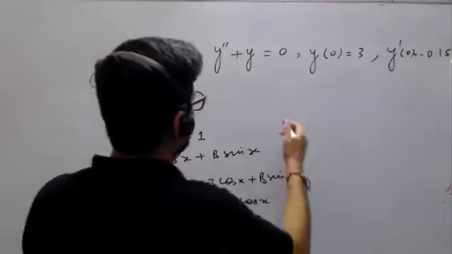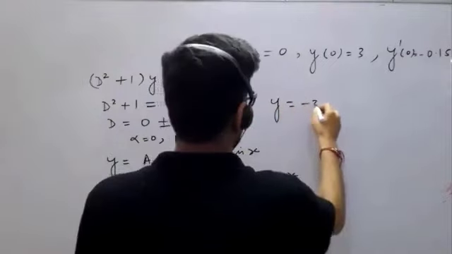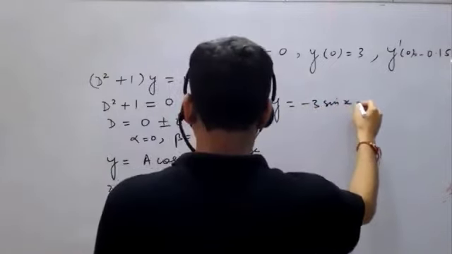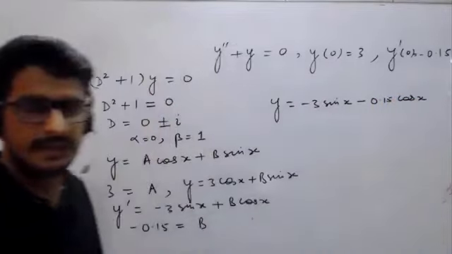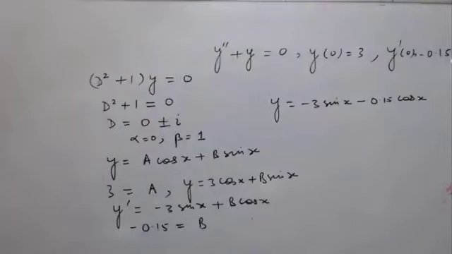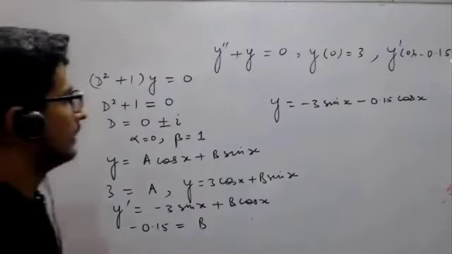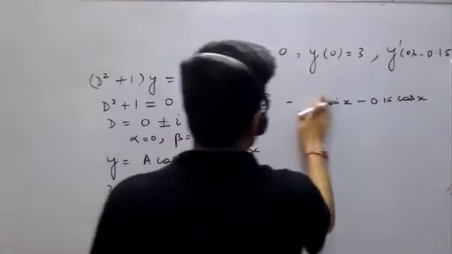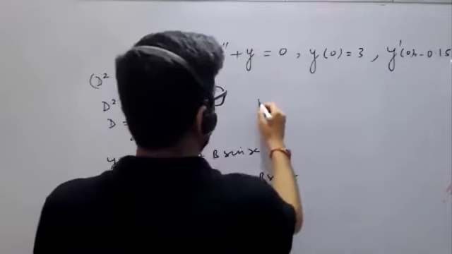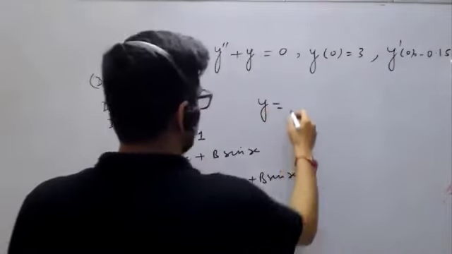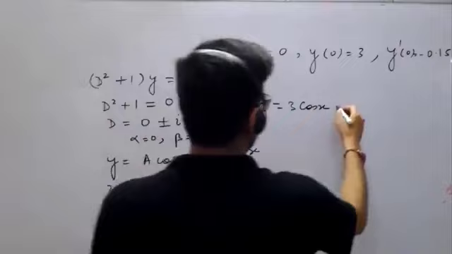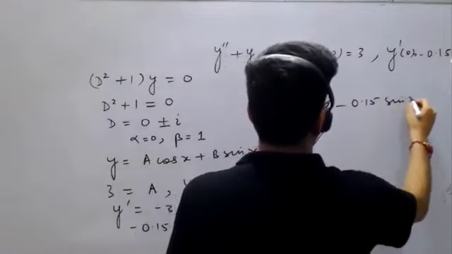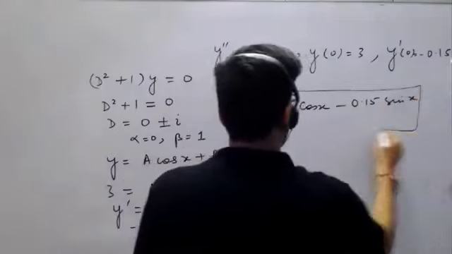So what will be the solution of our equation? Sorry, the value of y I have to write, not y dash. y will be equal to a cos x plus b sin x. So it will be 3 cos x, and the value of b is minus 0.15, so minus 0.15 sin x. So this is the solution.